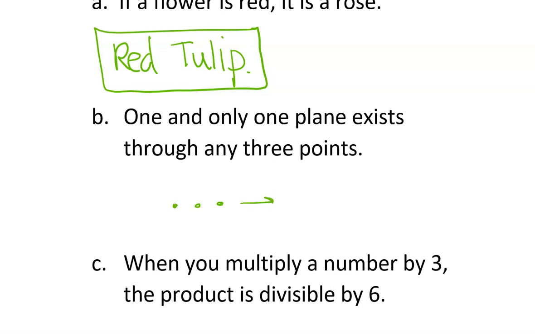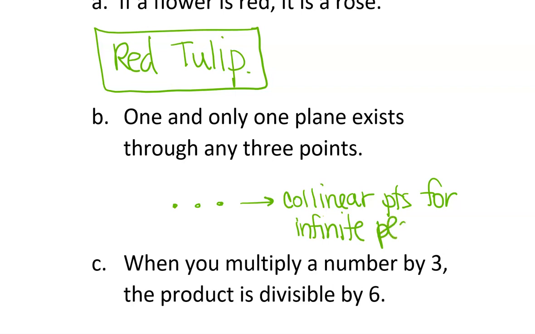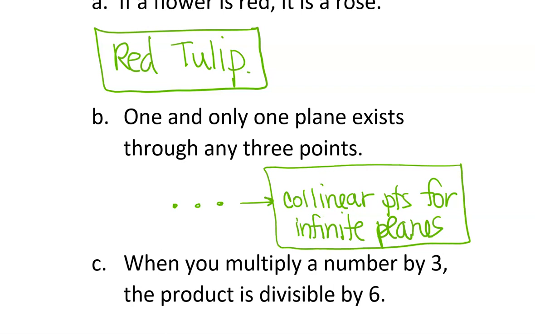So collinear points form infinite planes. Because you could go straight up and down through them and keep turning it all the way around in a circle, and there could be many, many, many of those. So a little description would work for that one.